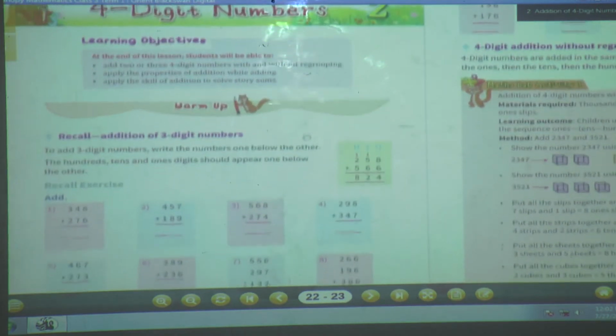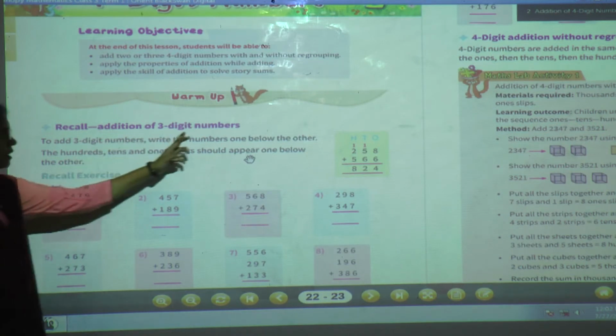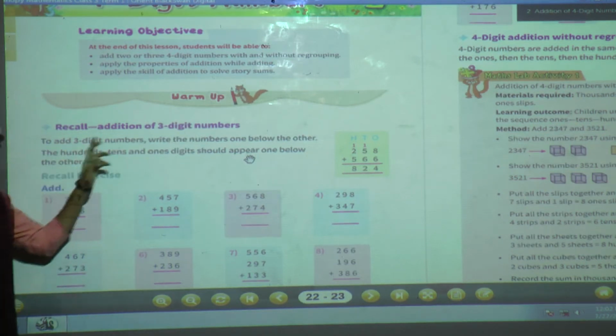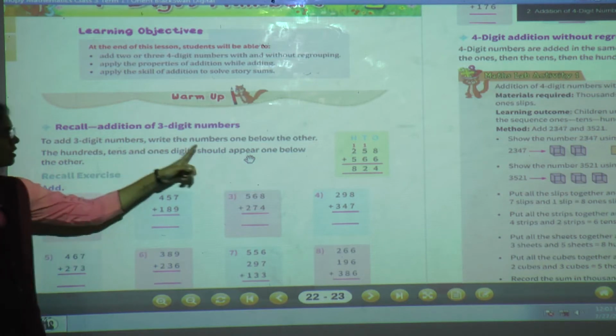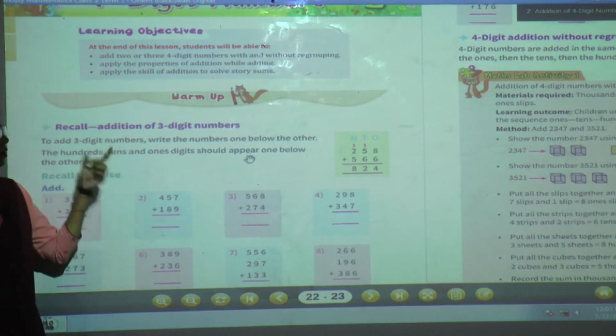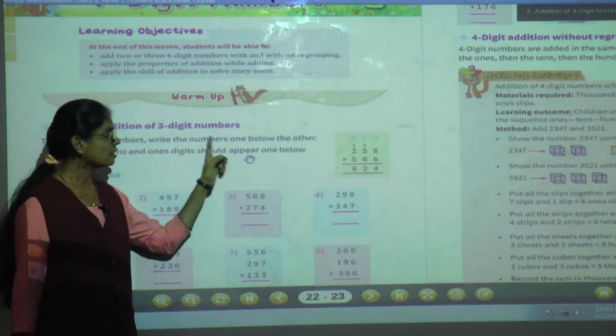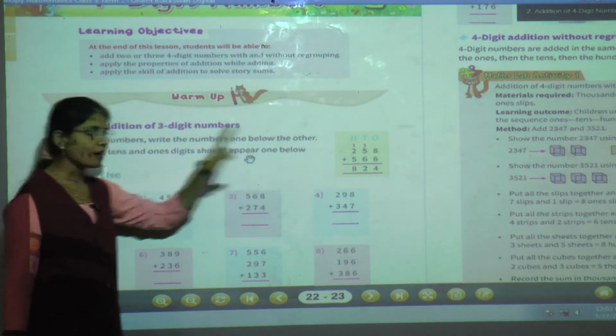Before that we will see recall of addition of 3-digit numbers. To add 3-digit numbers, write the numbers one below the other. See students, before start addition, what you have to do? You have to write the numbers one below the other.